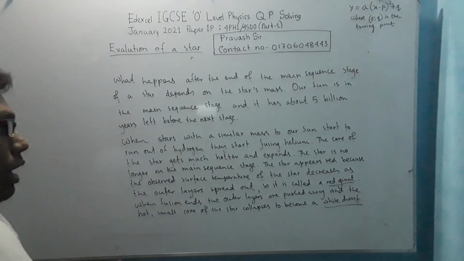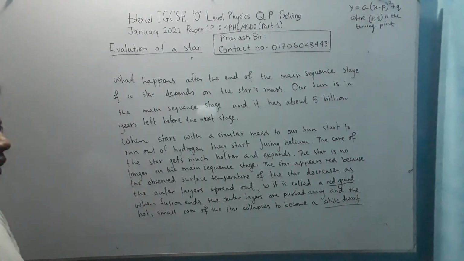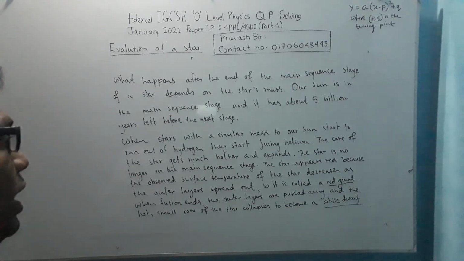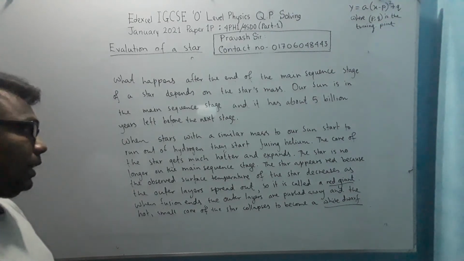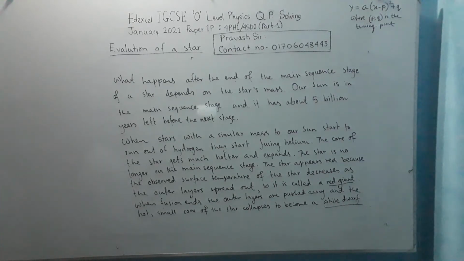The star is now in the stage we call a red giant, because when the helium nuclei start fusing, the star appears red, as the observed surface temperature of the star decreases as the outer layers spread out. So it is called a red giant.